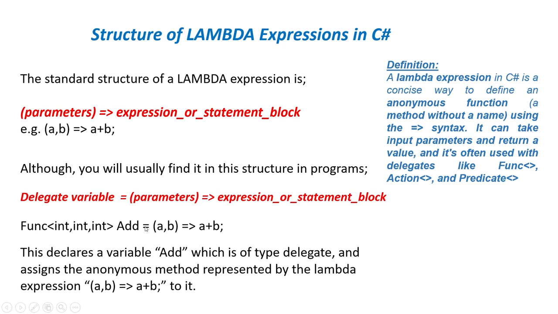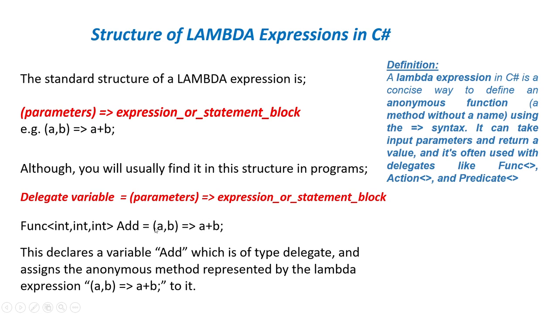And then you are assigning this Lambda expression, which defines an anonymous function. That anonymous function takes two parameters, A and B, mapping those two parameters to an expression that sums up the two parameters, A plus B. And this A plus B will be returned as the result of this whole anonymous function.